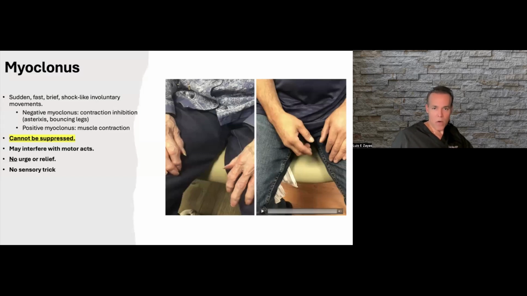By definition, myoclonus is a very fast, brief movement. It's like a shock-like involuntary movement. You have two types. One is negative myoclonus, which is contraction inhibition, like for example when you have a patient with renal failure or kidney failure, and you put the hands like this in this position and you see this type of movement, which means the inhibition of the contraction, that's why we call it negative myoclonus.